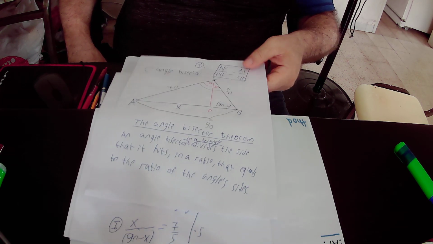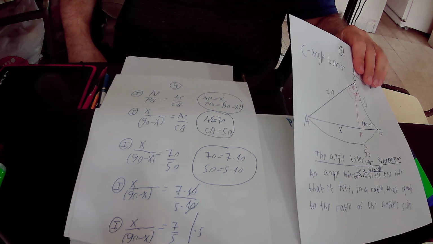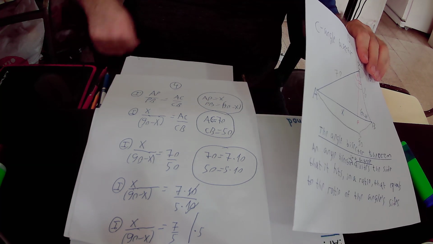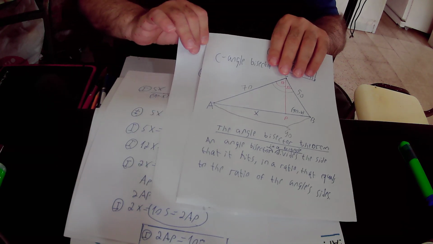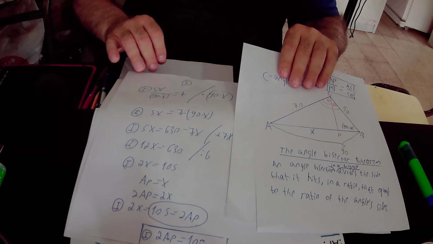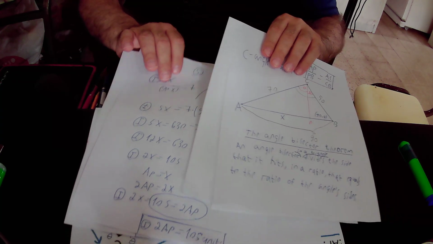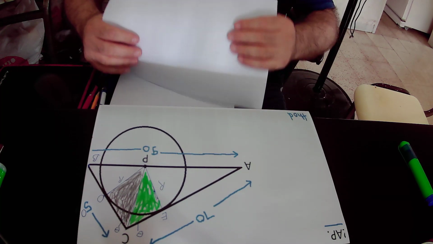And actually we got one equation with one variable only, and we got to the final answer that 2x equals 105, or 2 times AP equals 105, and this was actually the question.